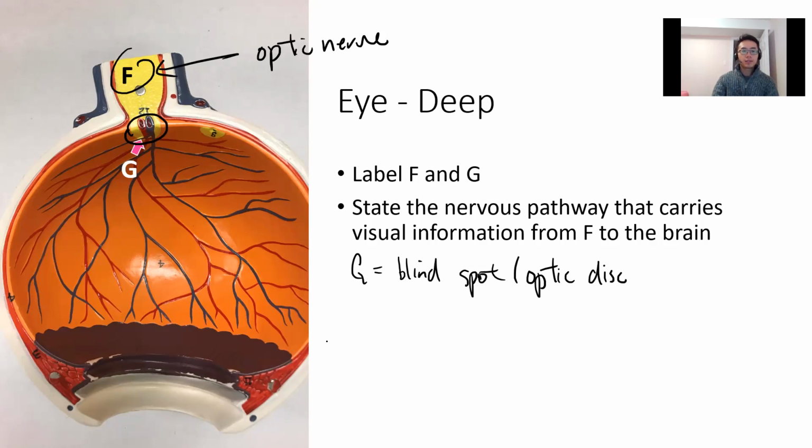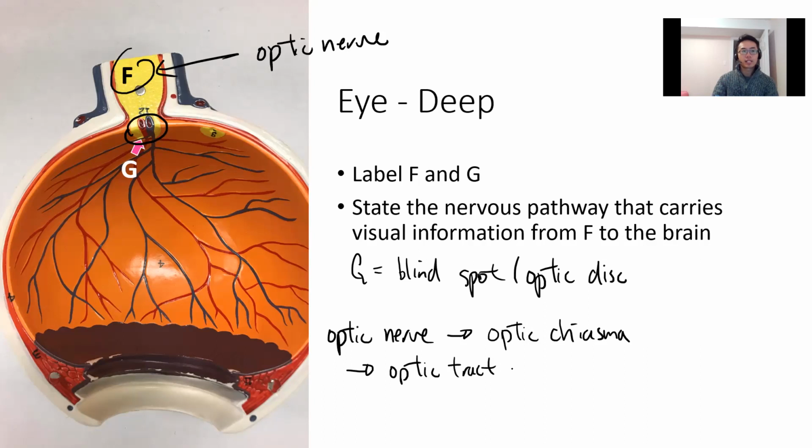State the pathway. So we start with the optic nerve, which will go to the optic chiasma. And then it will become the optic tract once we are inside the central nervous system. We'll go to the thalamus, and then it will go to the occipital lobe.